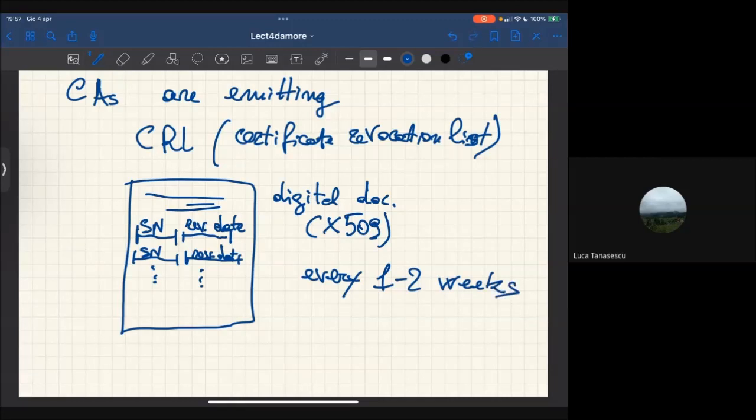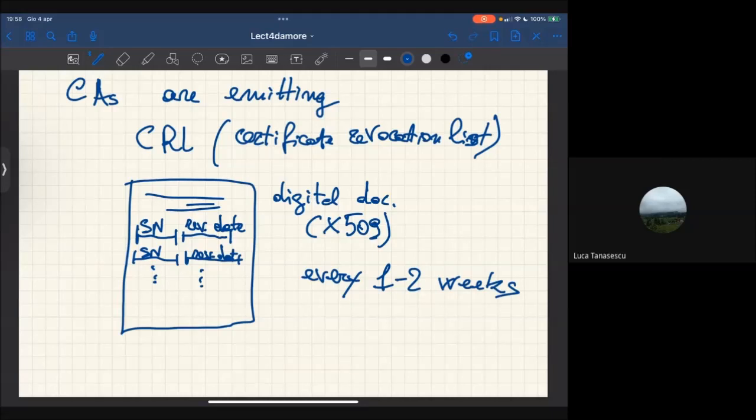So when you are getting a certificate, you should analyze the correct CRL for checking whether the certificate has been revoked or not.